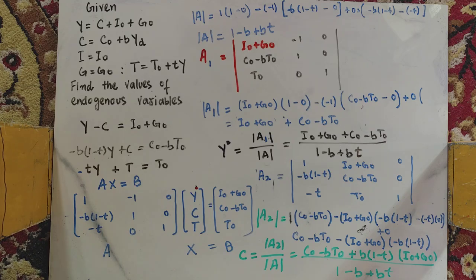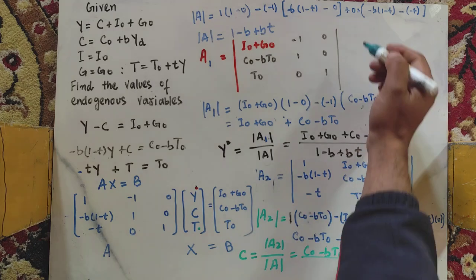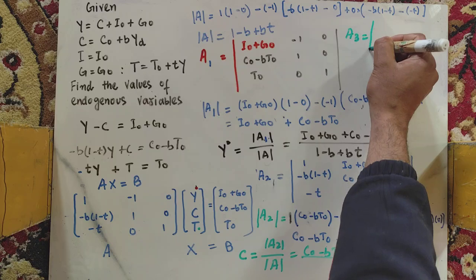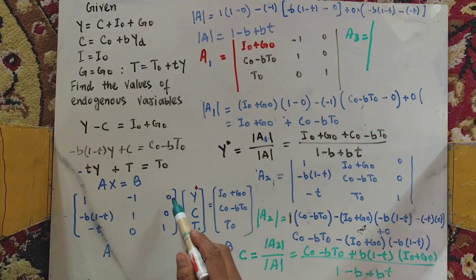Then to find out the value of, I cannot show it here because of the lack of the space. Now to find out the value of T, what will we do? We will form a new matrix A3 by replacing the third column of the coefficient matrix with the vector of constant terms.